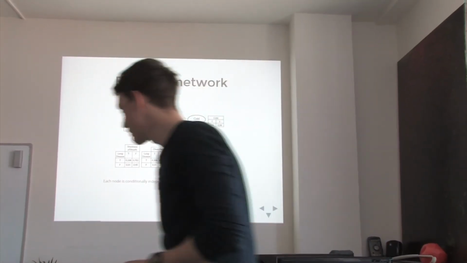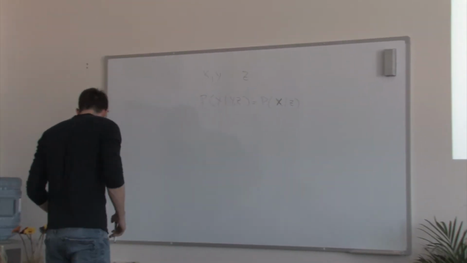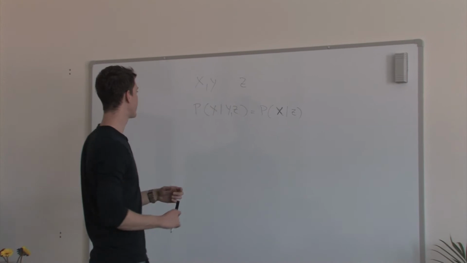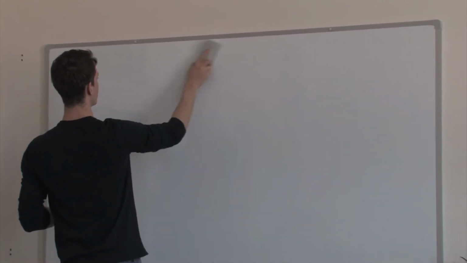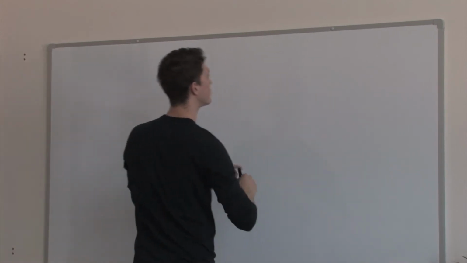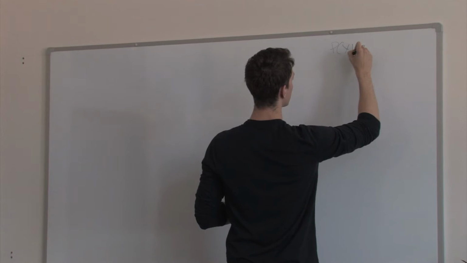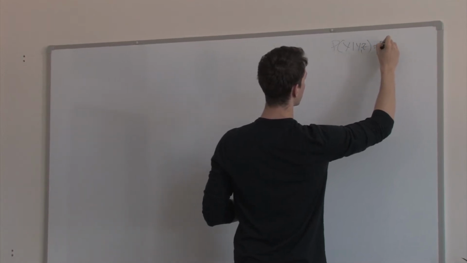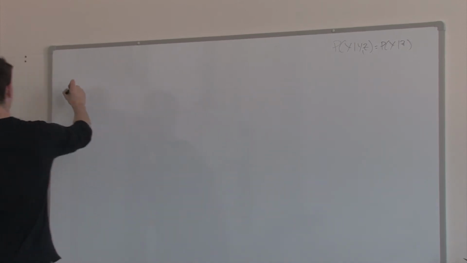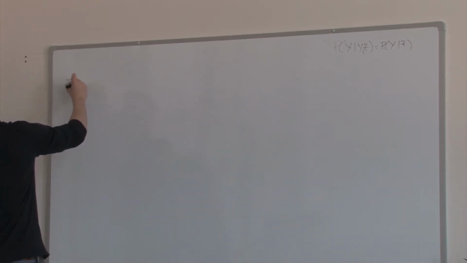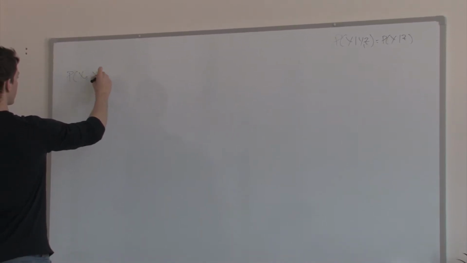Well, to understand that, they simply encode the whole probability distribution. The joint probability distribution means the probability that each variable has the state it has.